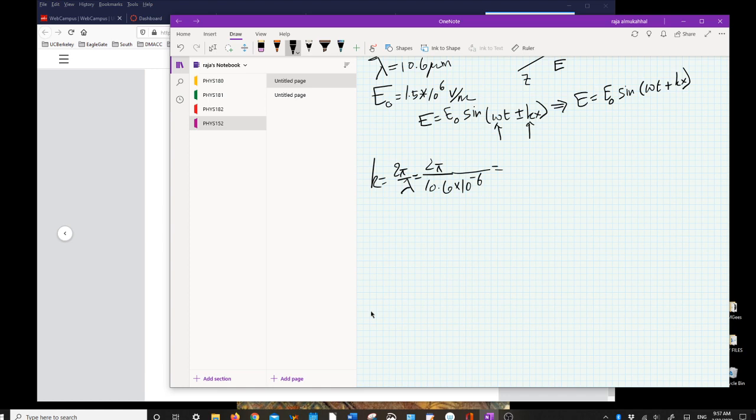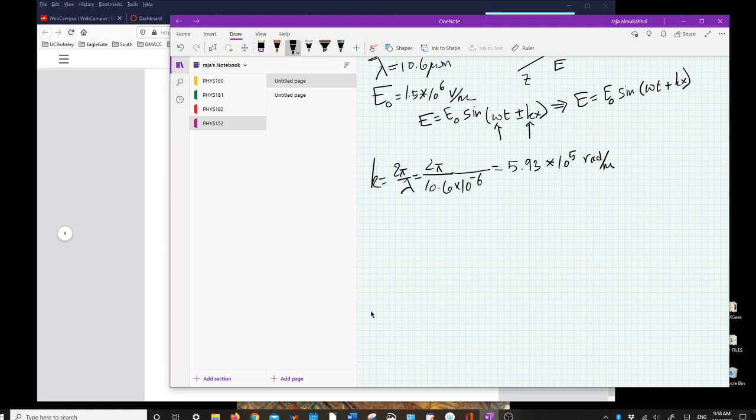When we calculate that, you will get, I'm copying from the book, I have a hard copy beside me here, 5.93 times 10 to the 5th. The wave number is basically how many radians per meter, so the unit of it is radians per meter.